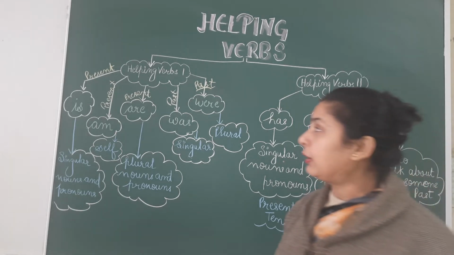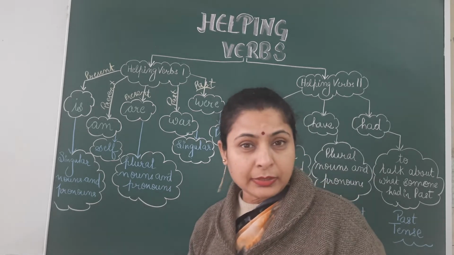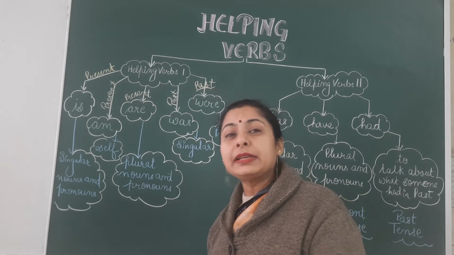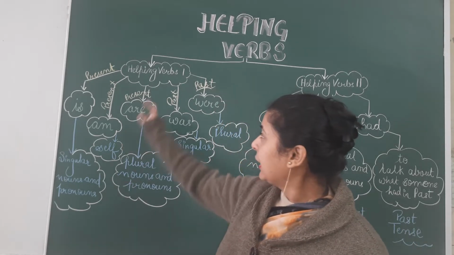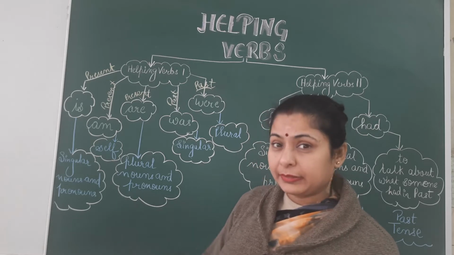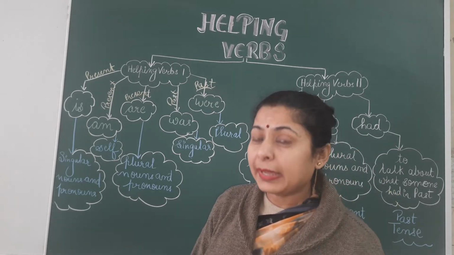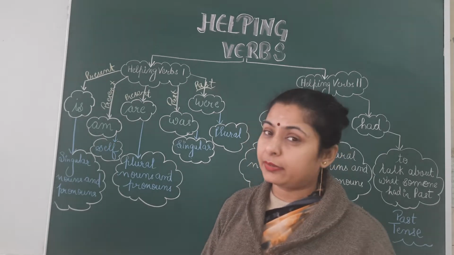So first of all, let us understand what are helping verbs 1, which helping verbs are there, and where these helping verbs are used. Right? Helping verbs 1, they include 5 helping verbs: is, am, are, was and were.